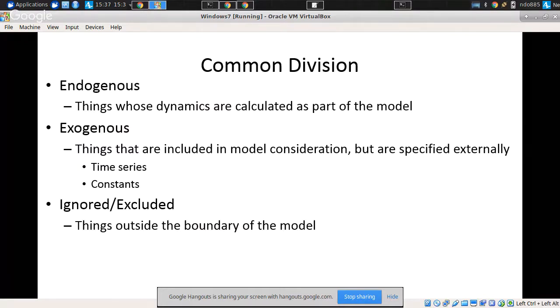Number of recoveries. Yeah. That's right. So at any one time, how many people have recovered, for example? That's affected by the number of people that are infected, but also the rate at which they're recovering. So good. How about other things?